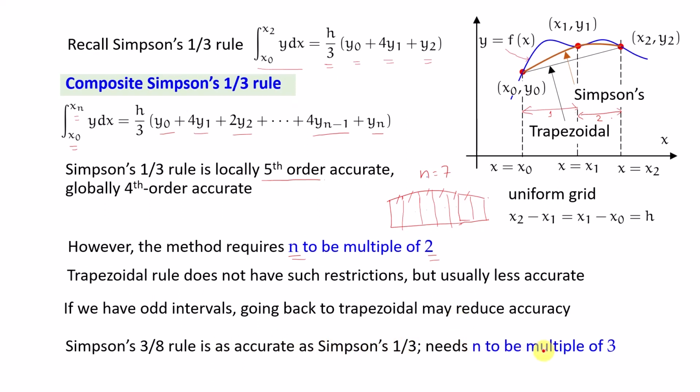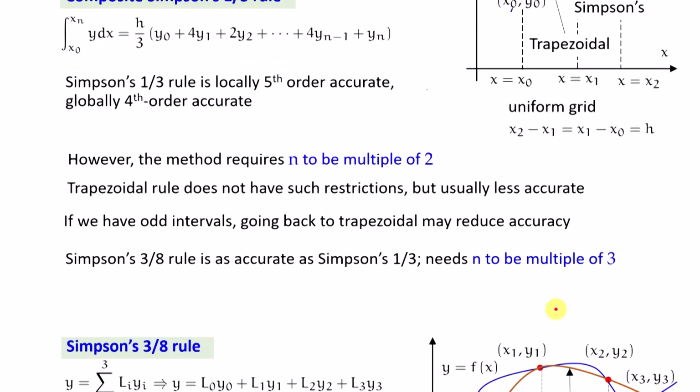However, here n needs to be a multiple of 3. Of course, how we'll take care of that, we'll take a look. We have to use a combination of multiples of 2 and multiples of 3 to take care of either even or odd. So that we'll see later. But first let us see what this 3/8 rule is about.